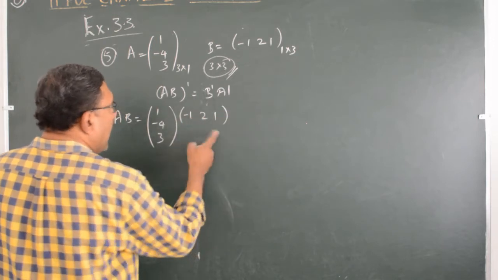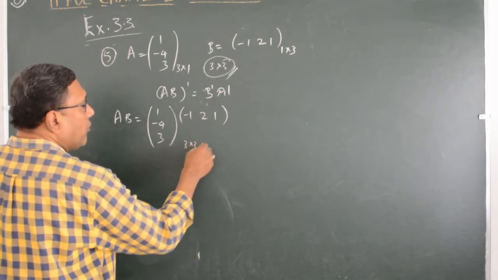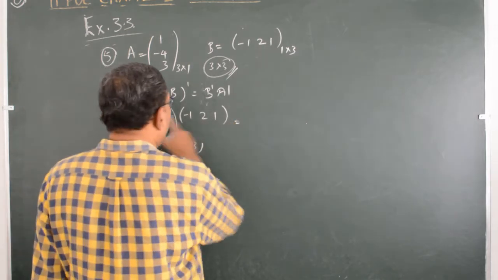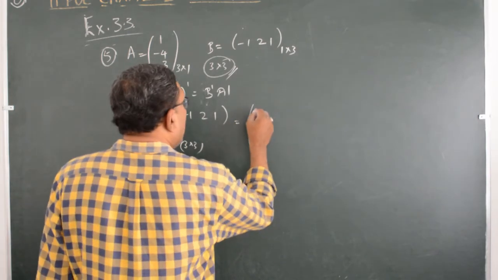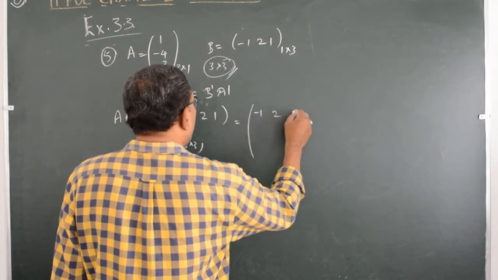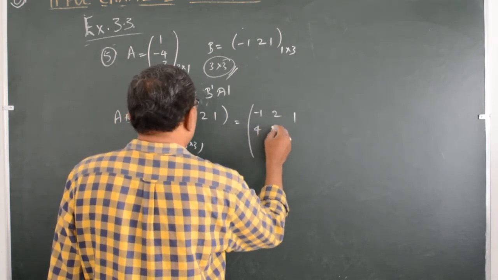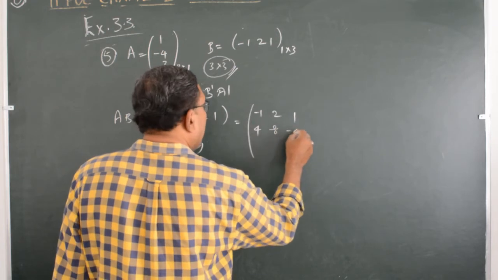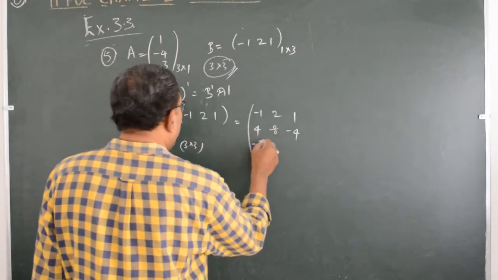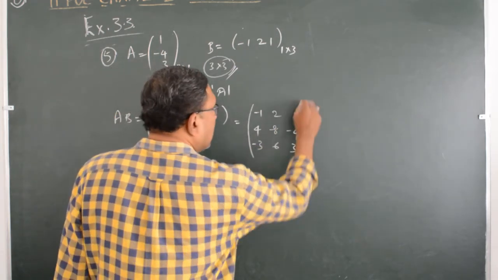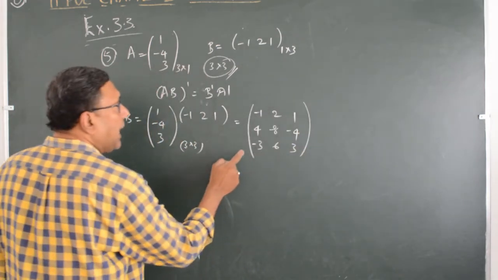I told you the resultant matrix will always be 3 by 3, which is first row into first column: minus 1, 2, 1; minus into minus is plus 4, 4 2s are minus 8, minus 4, and 3 minus 3, 6 and 3. This is my AB.